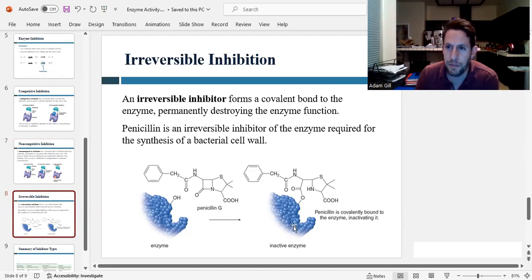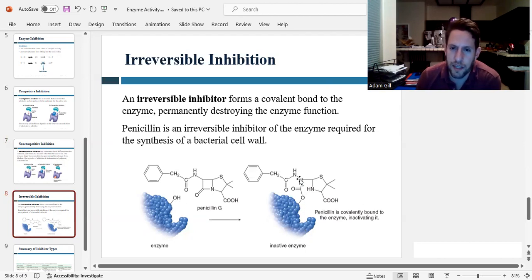These tend to be found in insecticides or antibiotics or nerve gases, things that are extremely lethal to the organism that they attack. The most common example that textbooks give is penicillin. So penicillin is an antibiotic. It's really deadly to bacteria, but it doesn't affect humans. And it's an irreversible inhibitor of the enzyme that makes the bacterial cell wall.